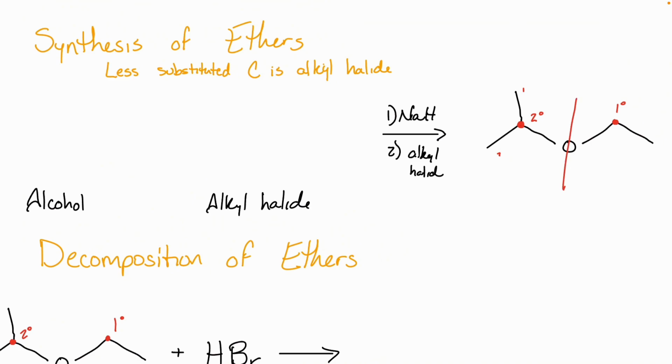One half will be my alcohol, the other one will be my alkyl halide. My alkyl halide will be on the less substituted carbon. So that means I have this 2-carbon alkyl halide here, and the other chunk is my alcohol.